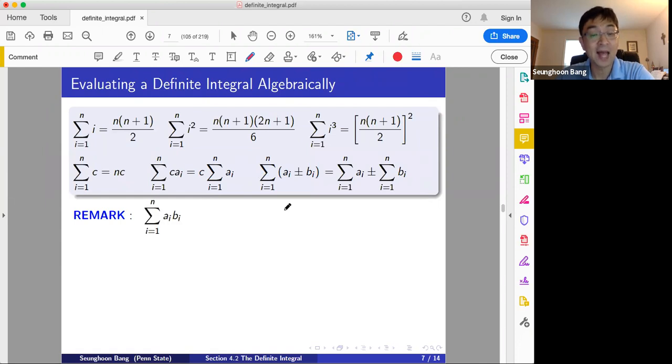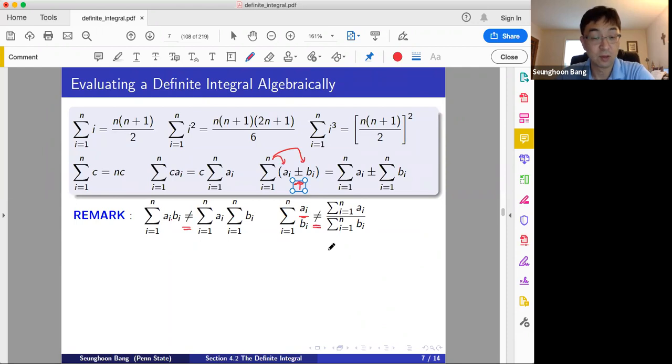Summation of a_i times b_i, don't distribute, that is wrong. Summation of a_i over b_i, don't distribute, that is wrong. When you distribute summation, only addition and subtraction can be distributed. The product, don't distribute. The quotient, don't distribute.